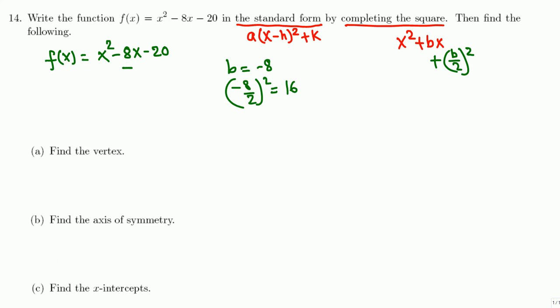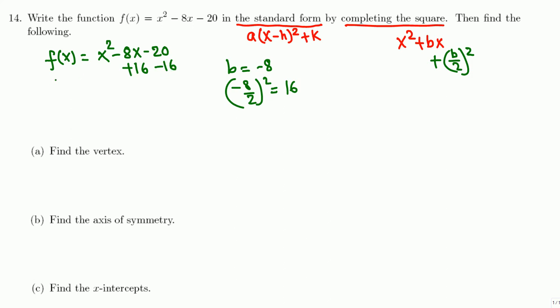If we add 16 to x² − 8x, then this becomes a perfect square trinomial. We can factor and get a quantity squared. Plus 16, but I have to balance. When I add plus 16, I have to subtract 16 here as well, to be fair.